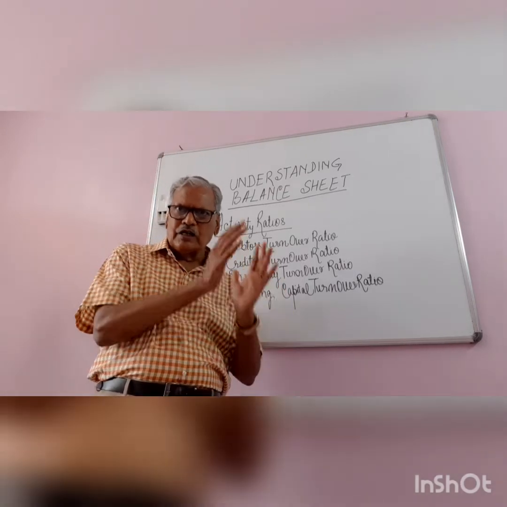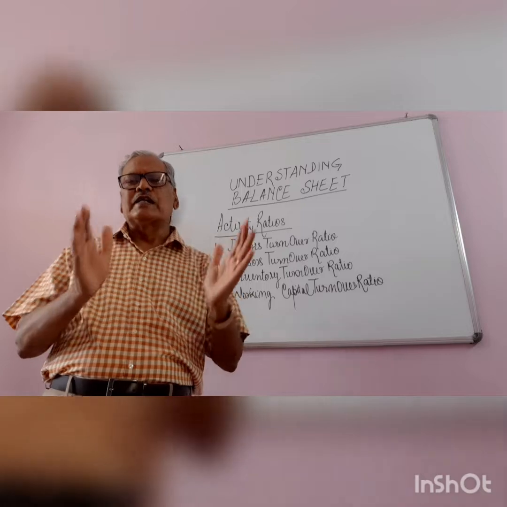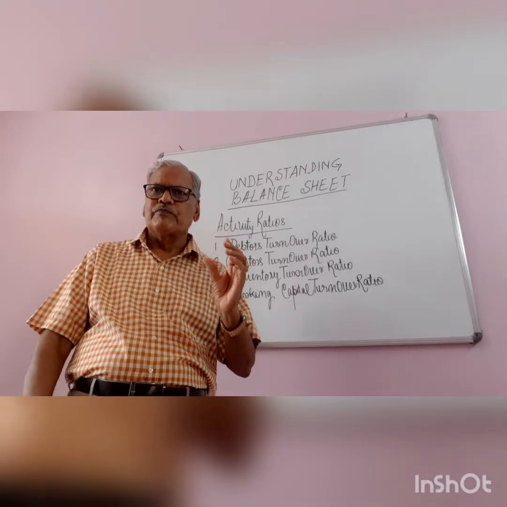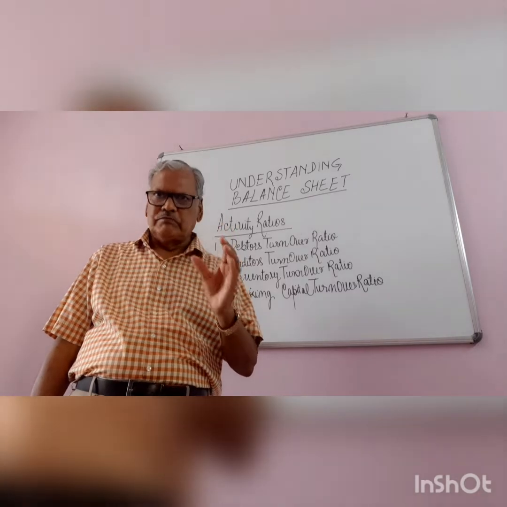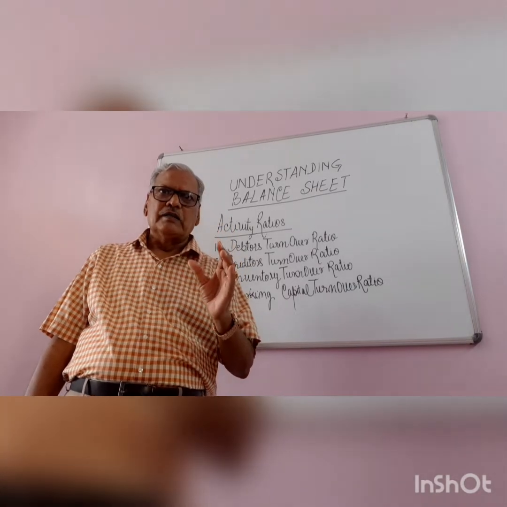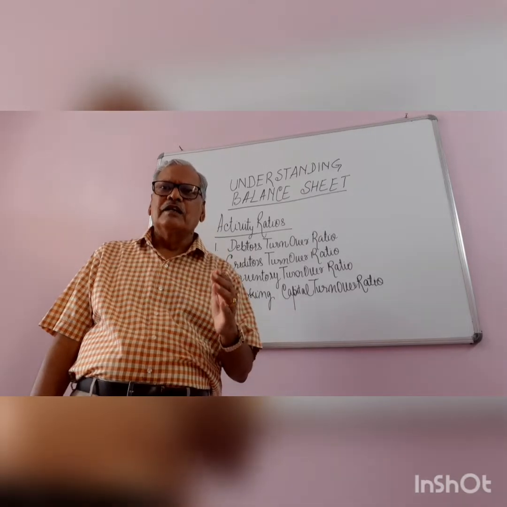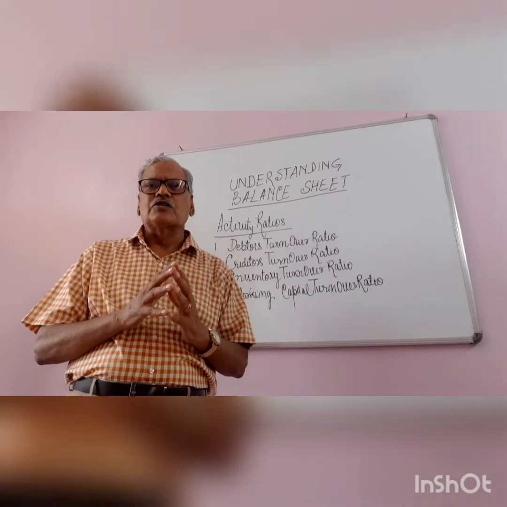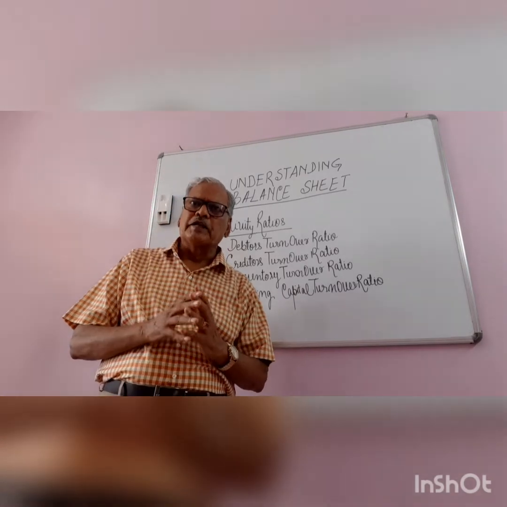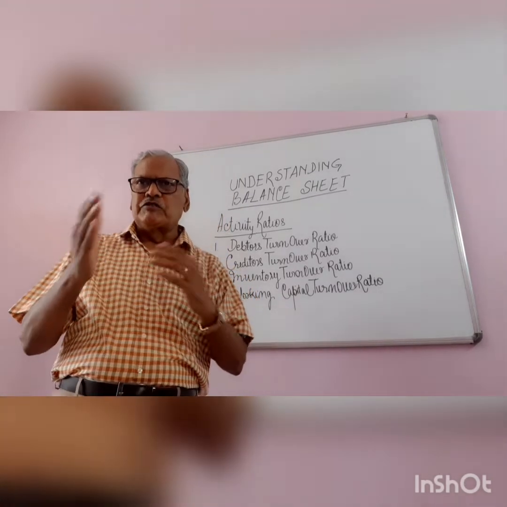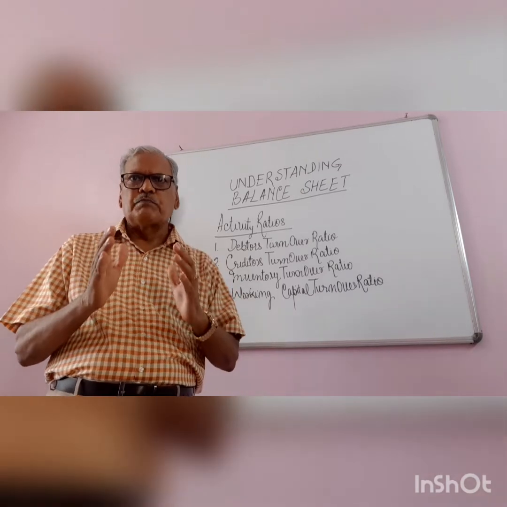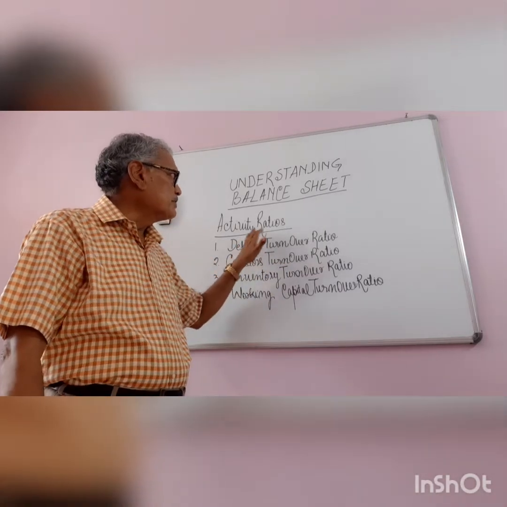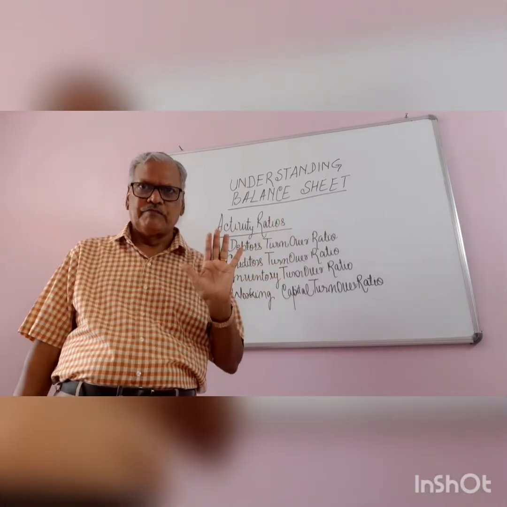In its earlier part, I have already explained the liquidity ratios, the profitability ratios, and the solvency ratios. But in that particular part, I did not explain the activity ratios. So this video is focused on the activity ratios of the balance sheet.